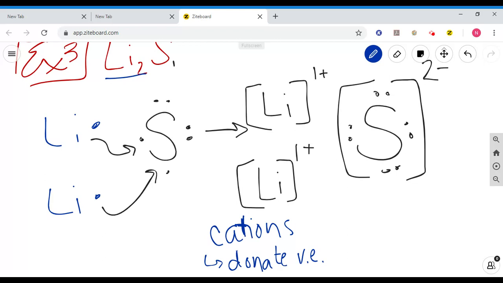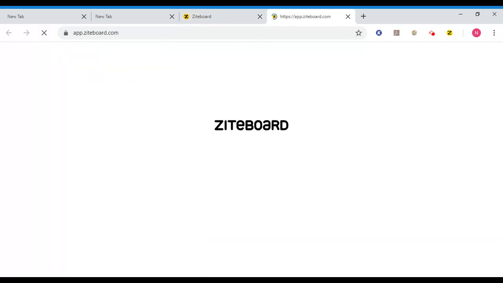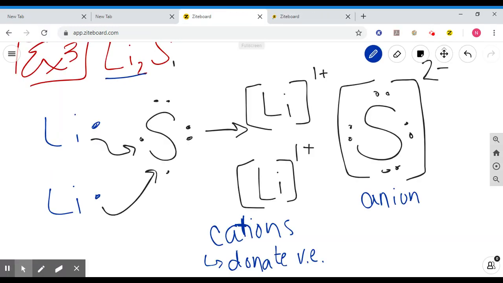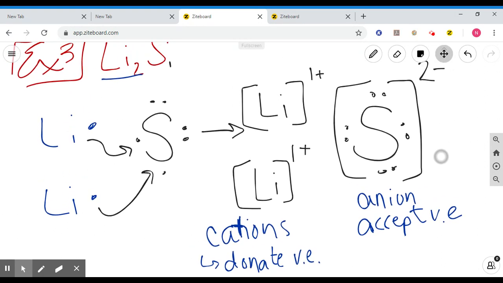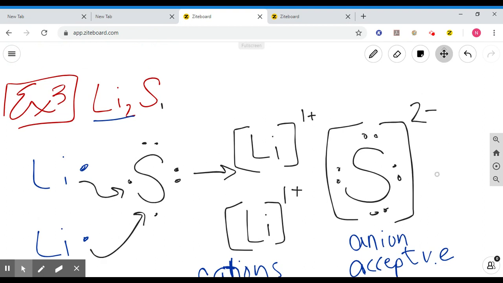This guy over here, sulfur, he's the negative ion called the anion. And anions like to accept valence electrons.